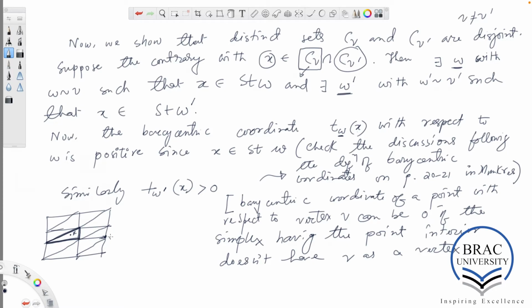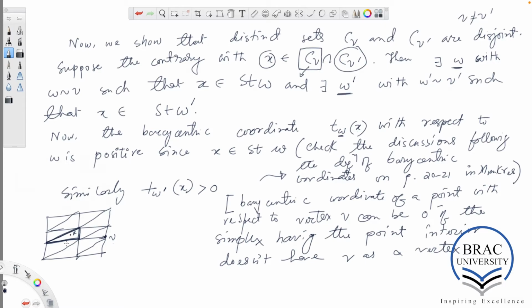If your v is not a vertex of that simplex that contains x, then the barycentric coordinate of x with respect to this vertex is going to be 0.